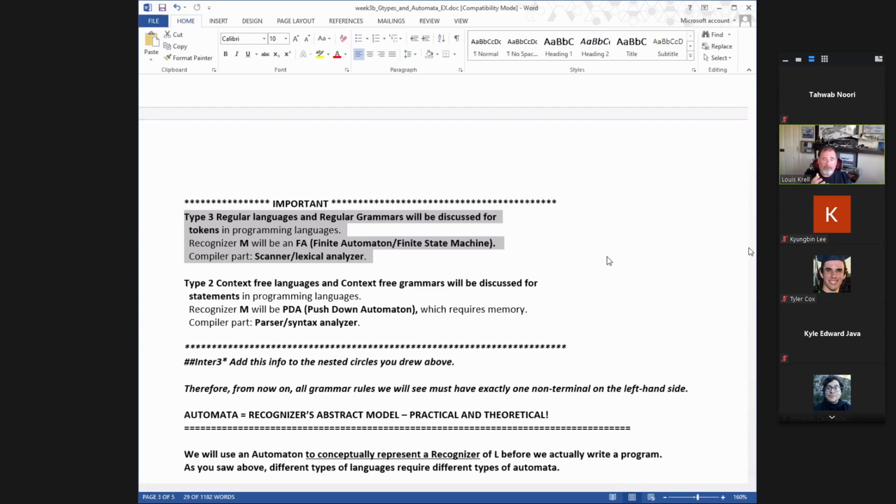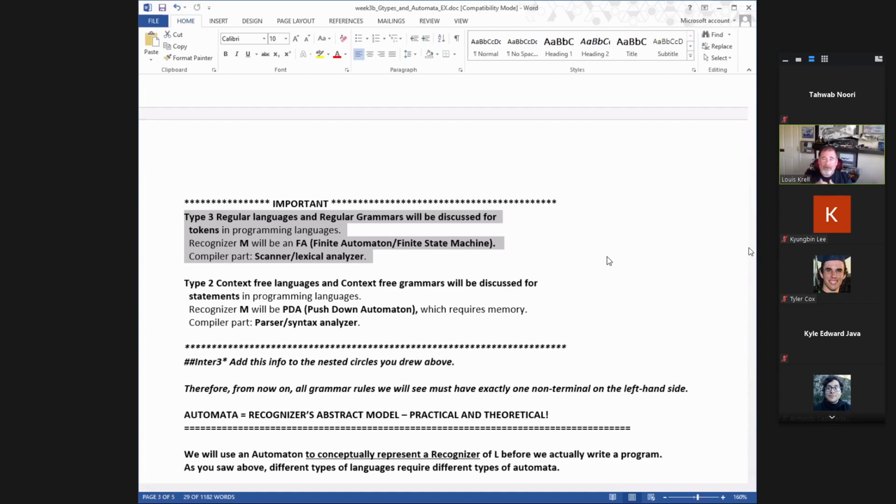So you're looking to see if it accepts a 0 or a 1. If you put in a 2 or a 3, it fails. So that's where we would use a regular grammar for the scanner to parse the string. And I'm going to show you how we're going to do this for the Japanese parser for the project. So regular languages, type 3, that smallest innermost part of the Chomsky hierarchy, is used for the scanner or the lexical analyzer.